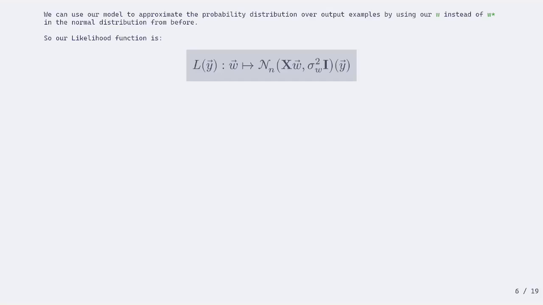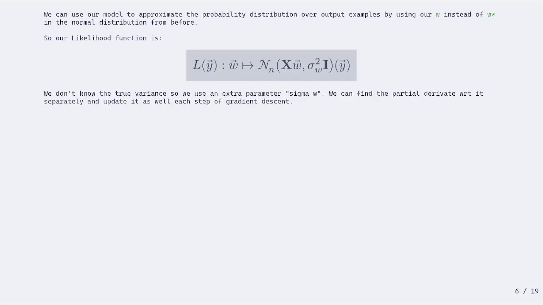The likelihood of our parameter is the probability that this high dimensional cloud of Gaussian probability generates these output examples.